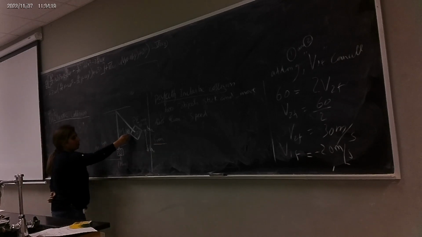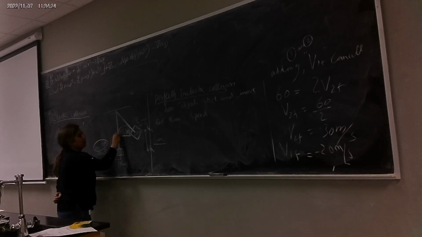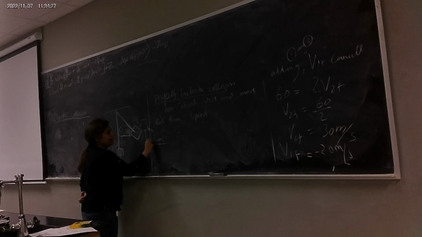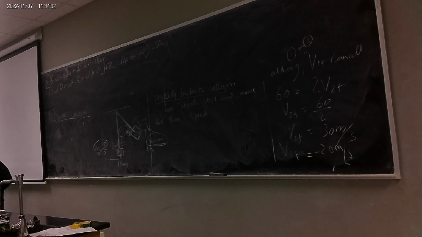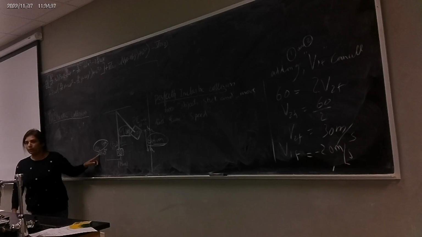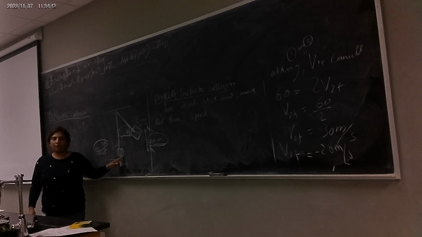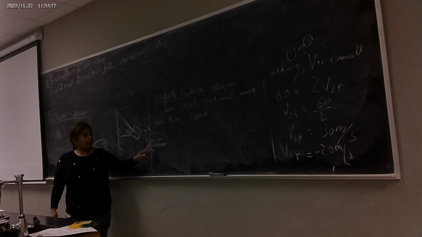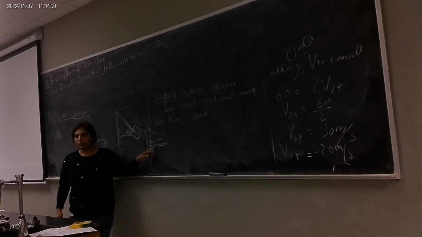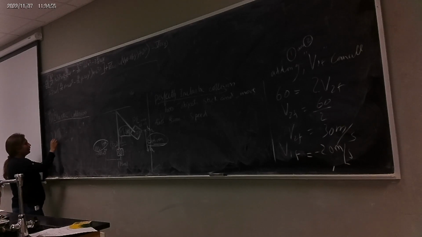There are 3 pieces of data given. Mass of the ball is 5 grams. So the ball which is being fired into the pendulum is 5 grams. The big pendulum is 1 kg. It should be heavier. And when they are all together, it has reached up to 5 centimeter. You want to know what was the initial speed of the ball.